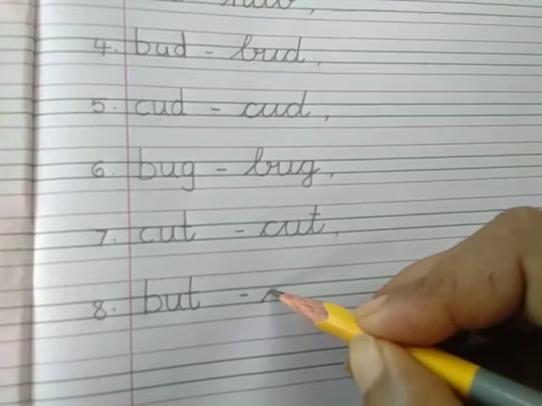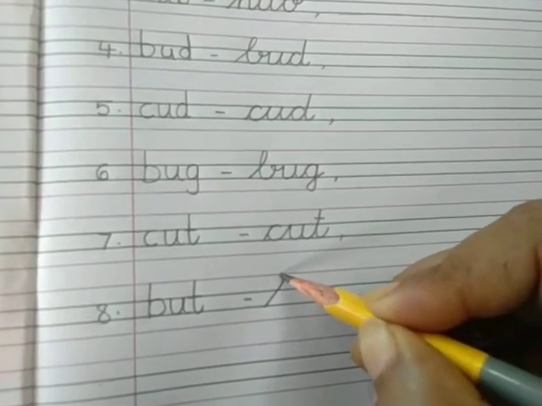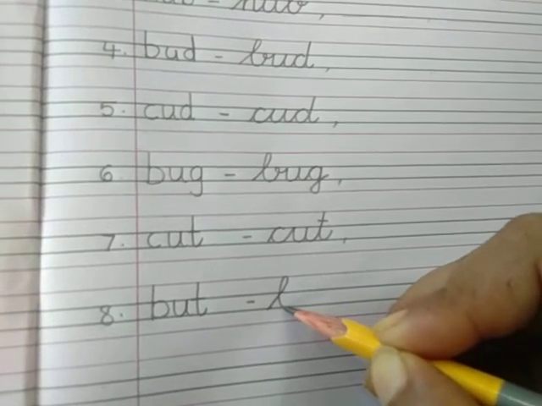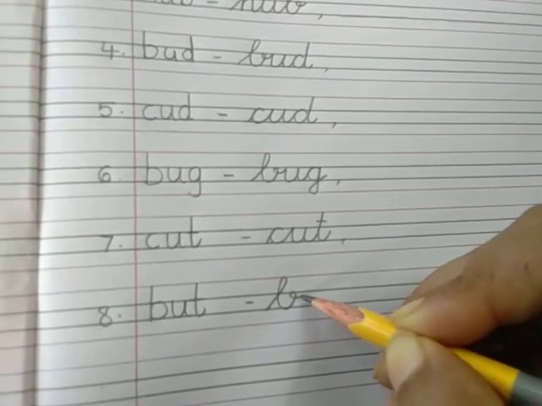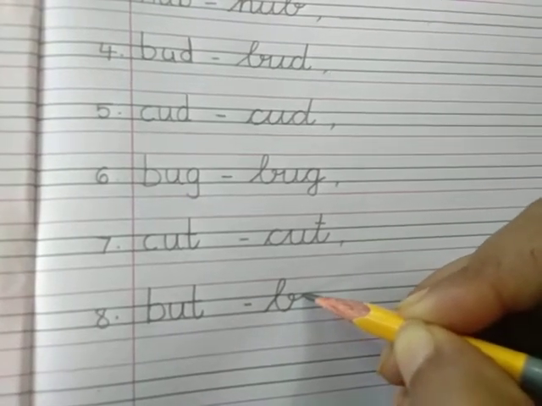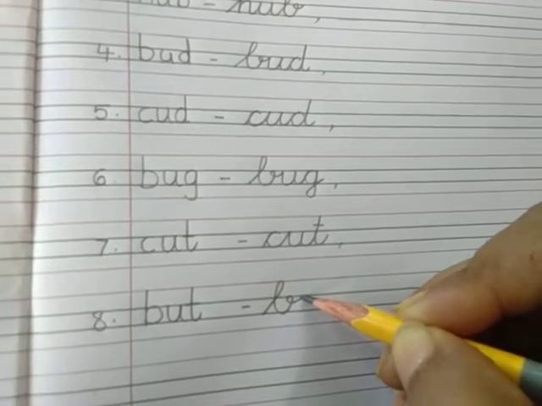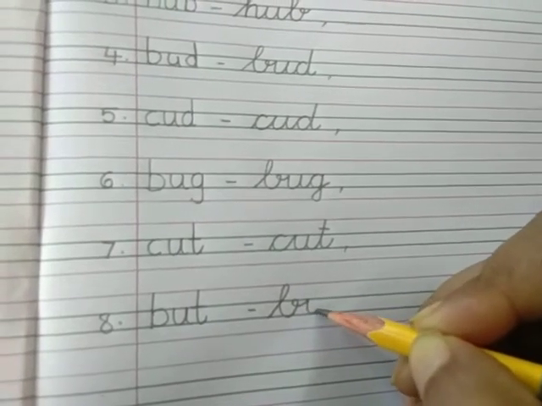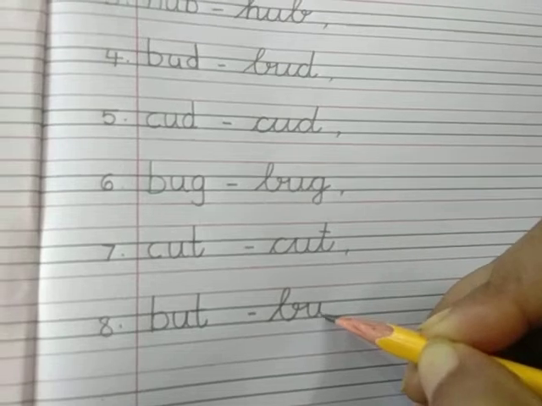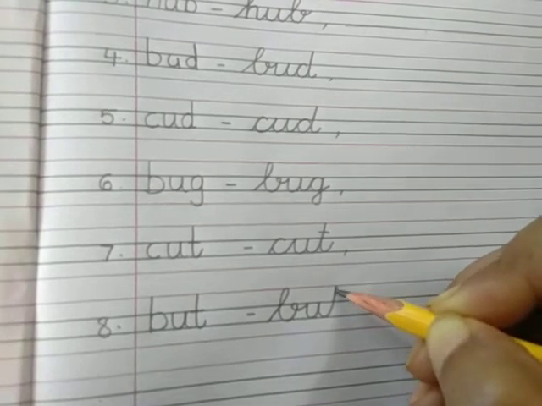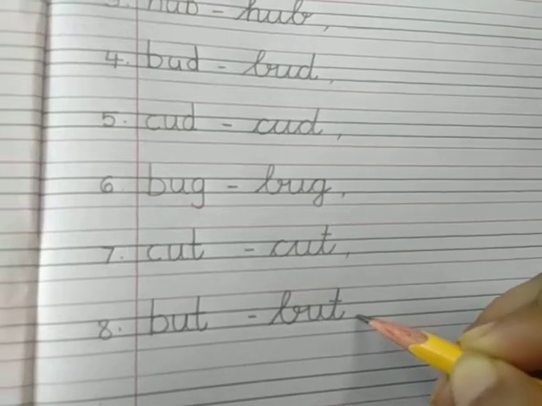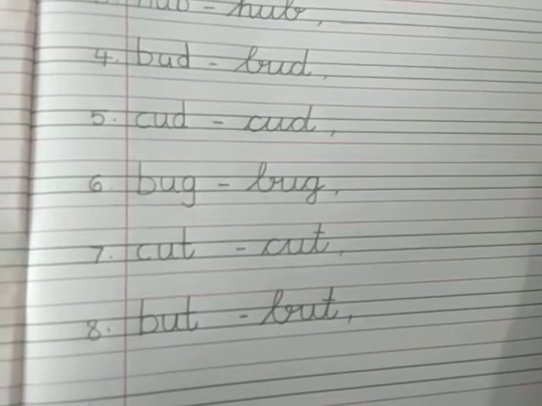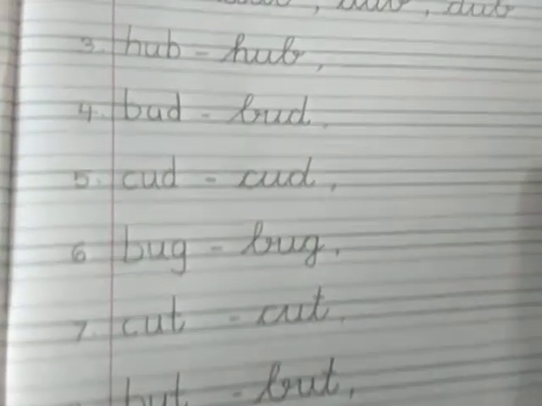First you have to write B. See here. B is completed here. From here U will start. U. Then T. B-U-T, but. Okay. So likewise you have to complete all these.